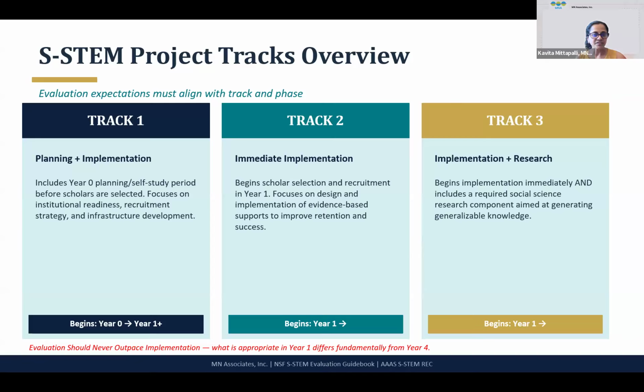The answer is no, we cannot show the impact right away, because the evaluation is not outpacing implementation. The implementation needs to show some results. The implementation needs to be strong. The implementation needs to show the outputs. And that's when the evaluator or the evaluation is going to show the impact or the effectiveness.